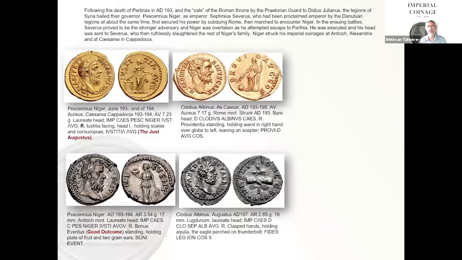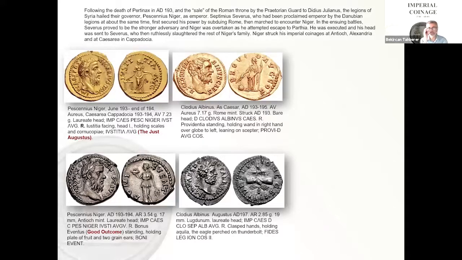He was immediately declared Caesar, and Septimius Severus allowed the mint to produce coins depicting him as Caesar.